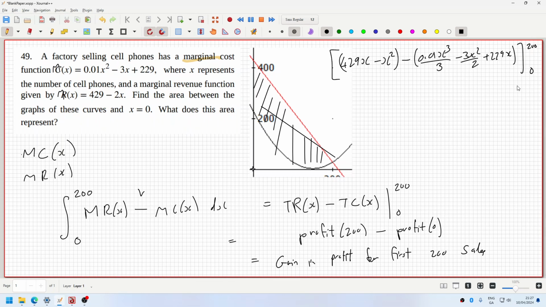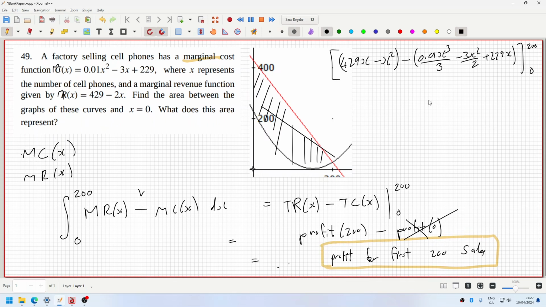So that is the profit function. And when you put in 0, you do get 0. So actually that's gone. So I can delete the word gain, and it's the profit for the first 200 sales. Yeah, okay. So that does check out.